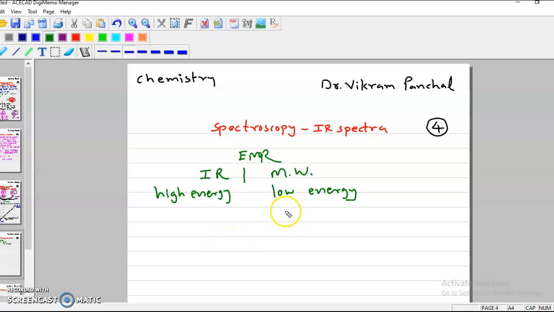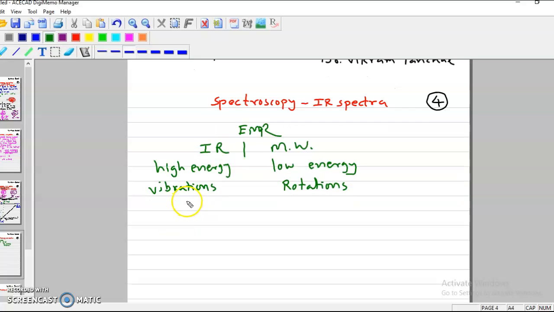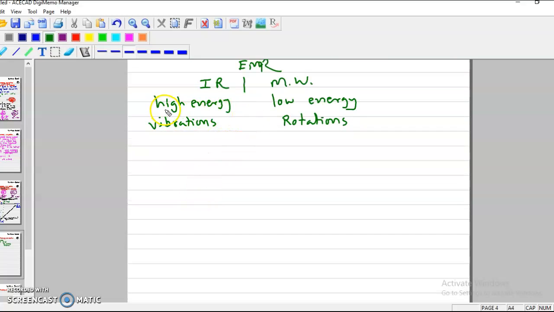Microwave can produce the effect of rotations, so it can change rotations of a molecule, and infrared can change vibrations of a molecule, because vibrations require higher energy than microwave.